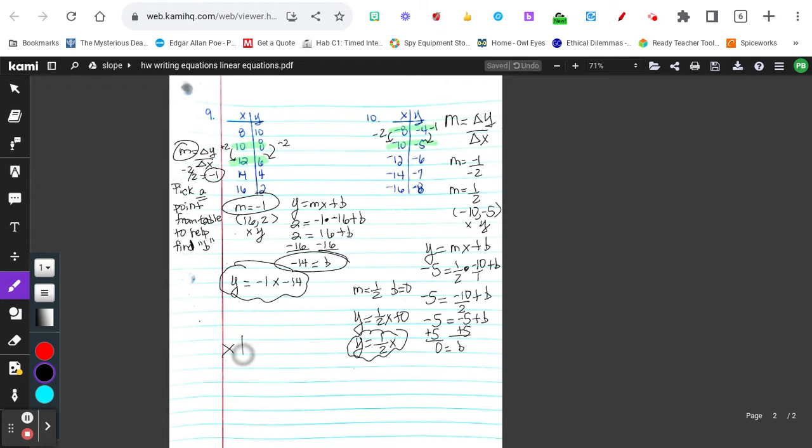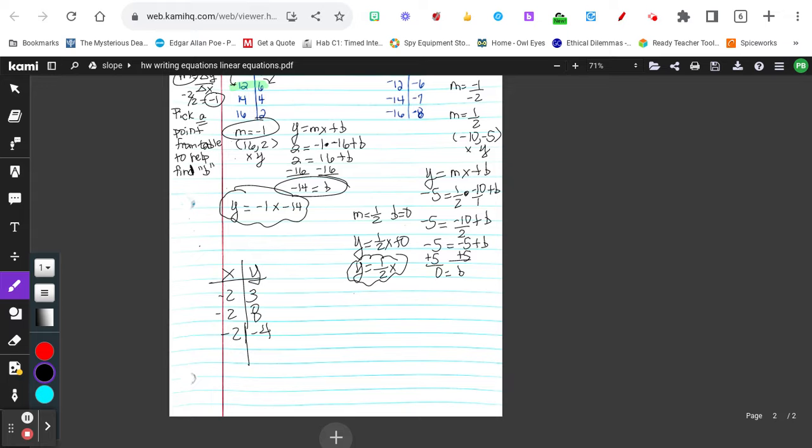If you ever get tables that look like this, if you'll notice, all your x's are negative 2, so the equation is x equal to negative 2. Shortcuts, okay? Here's another one. Just making up something.